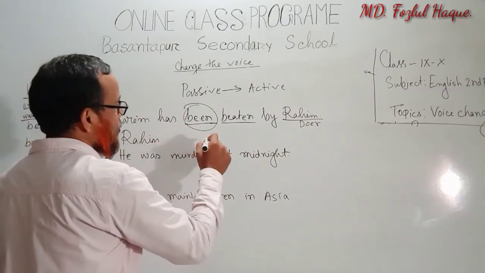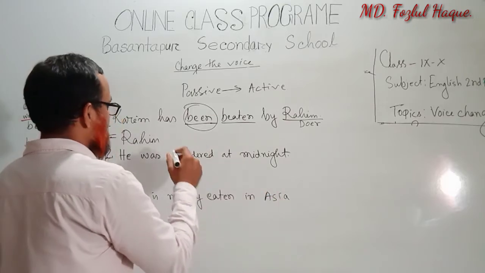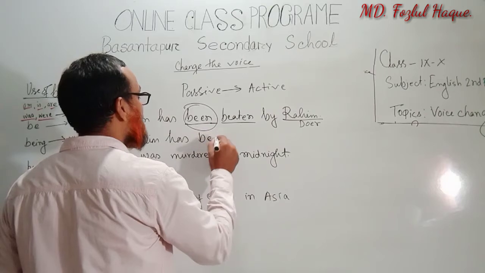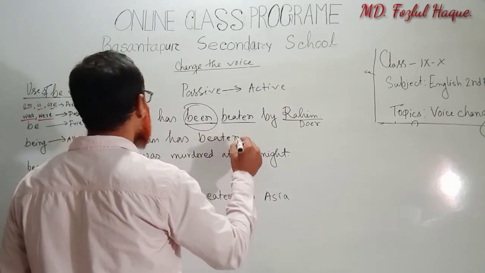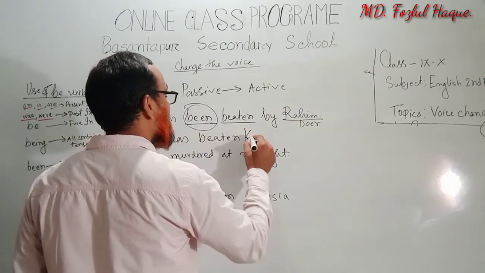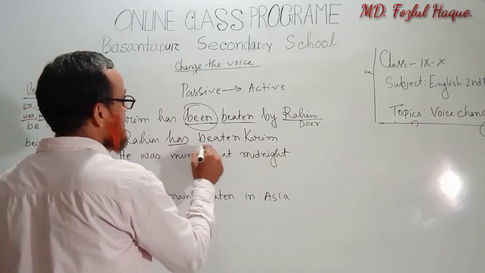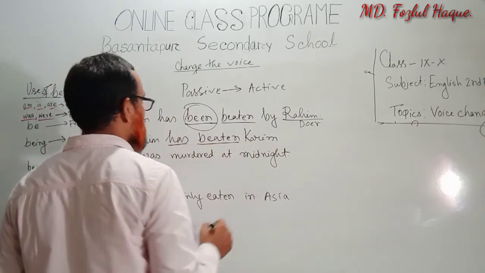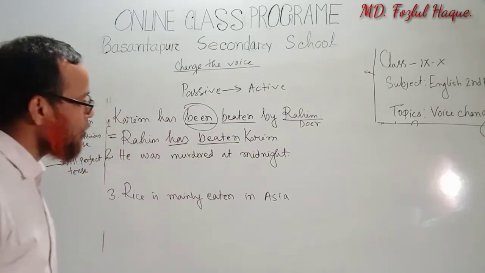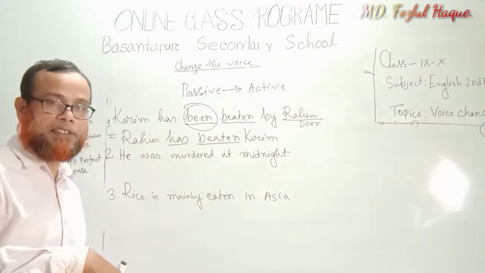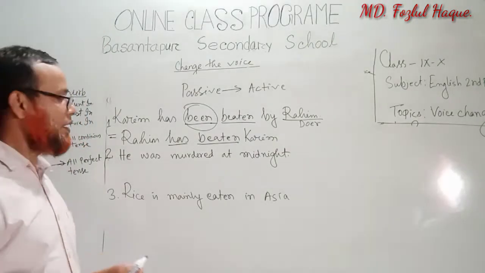So we have to turn back to perfect tense. Rahim has beaten Karim. Has is followed by verb past participle. This is present perfect. So we have successfully come back to present perfect tense. So it is active voice.